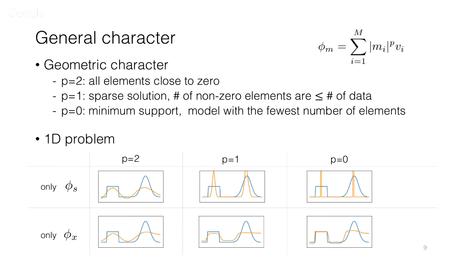So the model will be much more blocky. And p equal to 0 means the fewest number of changes of derivative, so it changes the character.